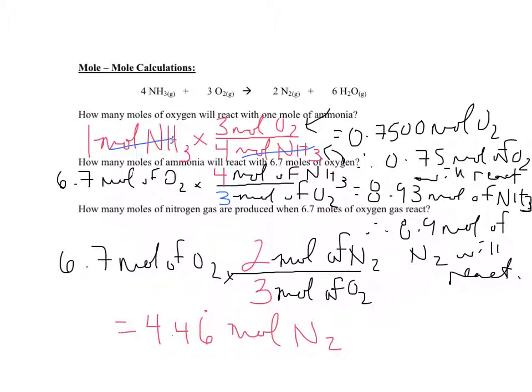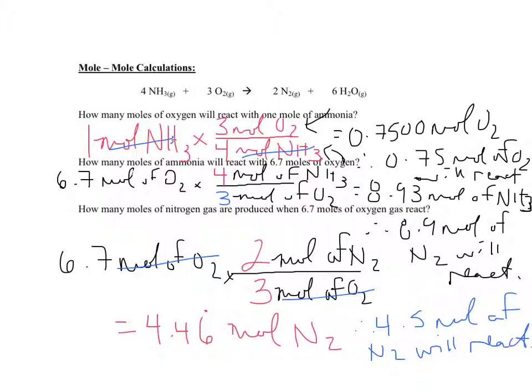And if you take a second look at it, the moles of oxygen cancel out, leaving me with moles of nitrogen. So now I write it in 2 significant digits, and that would be 4.5 mole, therefore 4.5 mole of N2 will react.